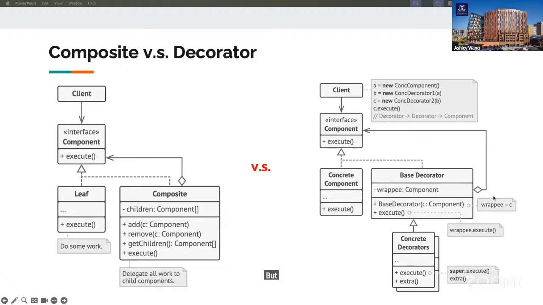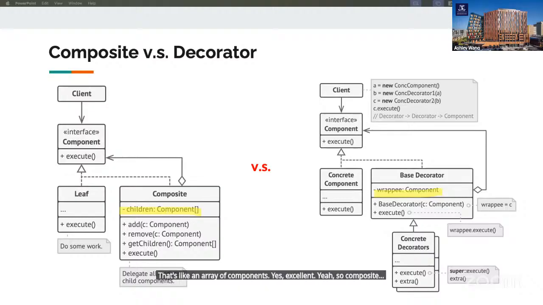But the only difference here is, can anyone tell me the difference by looking at this diagram? What do you notice? I'll highlight here. That's an array of components. Yes, excellent. Composite contains an array list of the component.